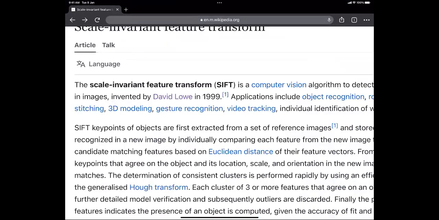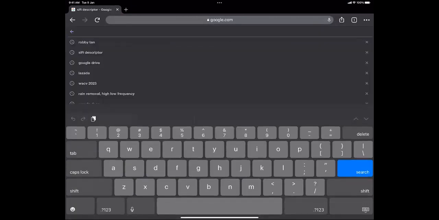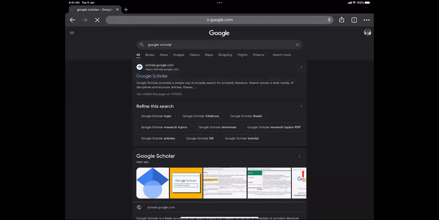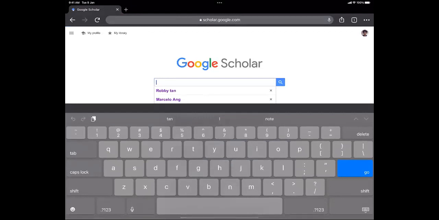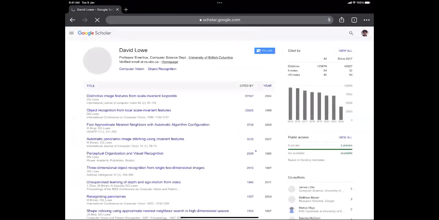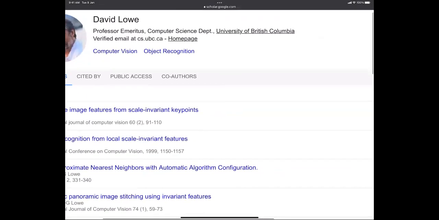But if you look at Google Scholar, David Lowe's SIFT is number one there: Distinctive Image Features from Scale-Invariant Keypoints.